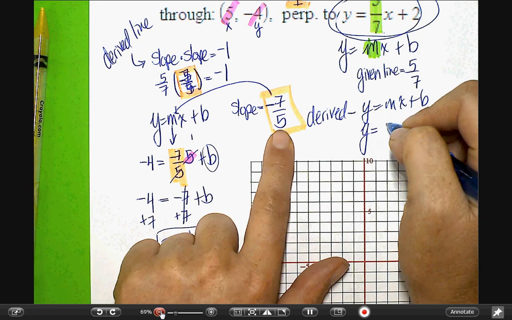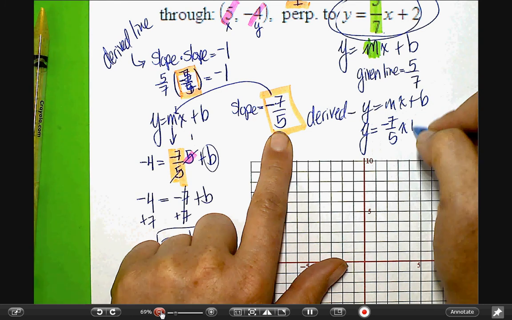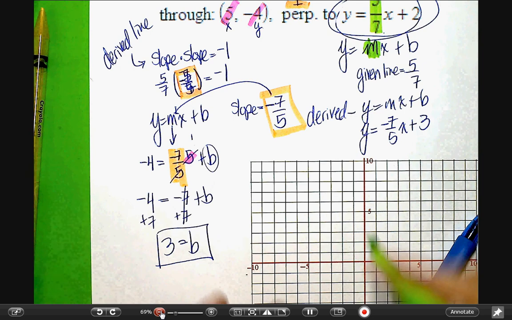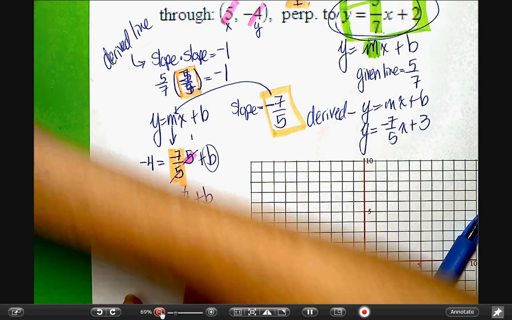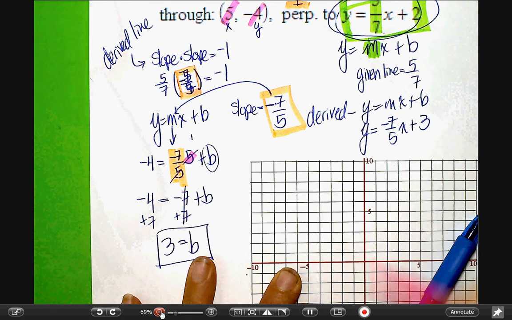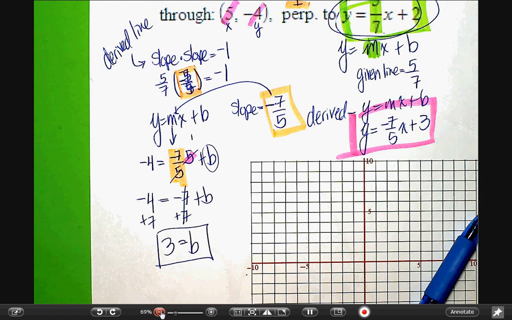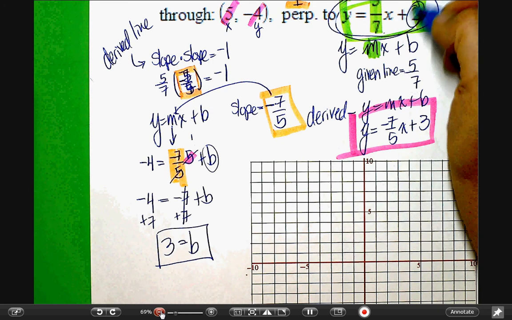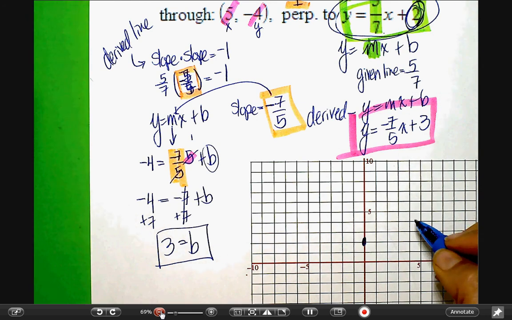It's going to be y equals, the m here is -7/5x plus 3. We're going to graph these two lines. We're going to use green for the given, pink for the derived. So here we're going to start at +2 on the y-axis.